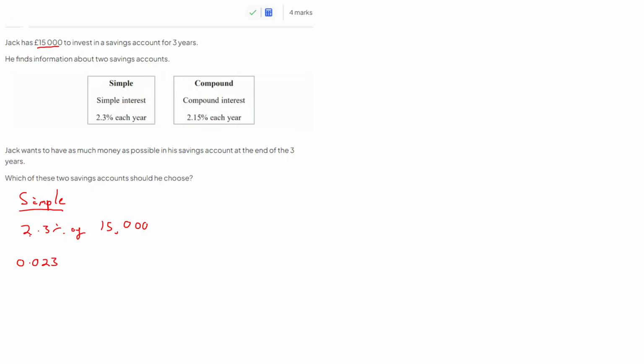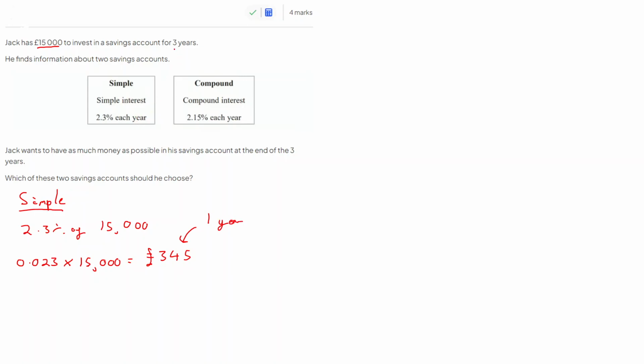And of means you're timesing, so we times that by our amount, £15,000. That will give you the interest after 1 year, but with simple interest, you just times that by however many years you've got. You're not compounding it. So 0.023 times £15,000 is equal to £345. That is the interest you get after 1 year in the simple interest account.